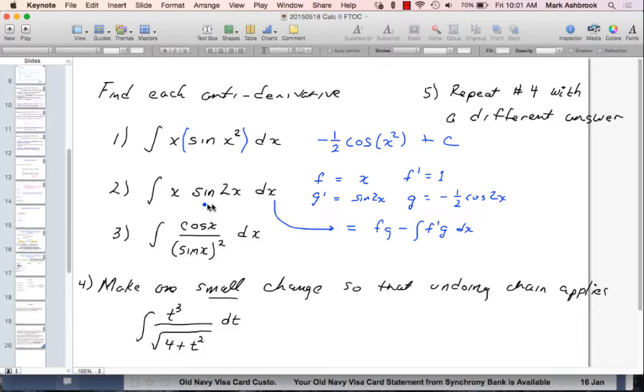Remember, we're thinking of this as one term of a product rule, f g prime, and we're going to find the other term, and hopefully that's an easier integral, and then we just subtract that from both sides. All right, so we're going to have x times negative 1/2 cosine 2x minus the integral of 1 times negative 1/2 cosine 2x.